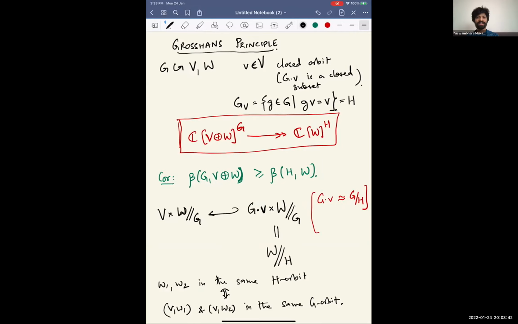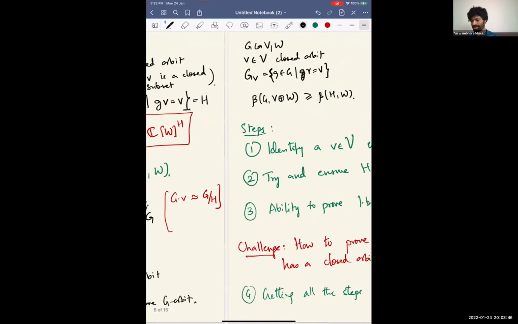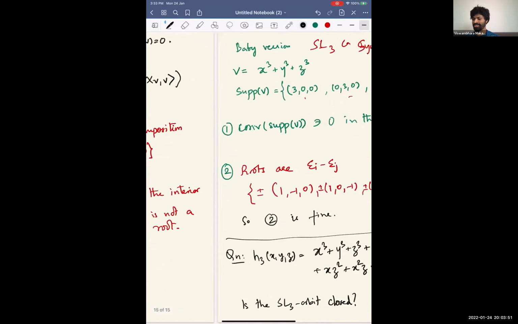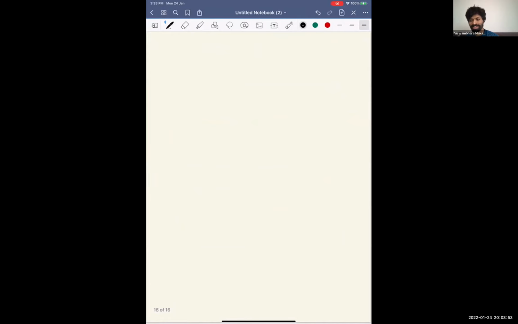Okay, so maybe I can address Ramprasad's question, at least a little bit. When you say natural actions when there's a super polynomial lower bound, well, this degree 3 action of SL3 on degree 3 polynomials seems pretty natural from my perspective. Actions on tensors seems pretty natural from my perspective.